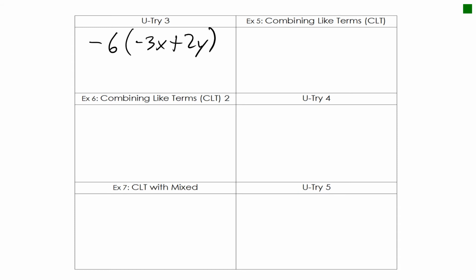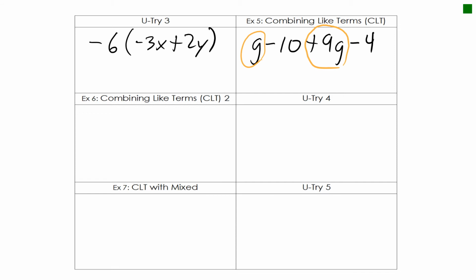Okay, so combining like terms. Combining like terms means finding the terms that are like and adding them together. If I have g minus 10 plus 9g minus 4, I'm going to get out my colored pencils and circle the like terms. So I have g and positive 9g.